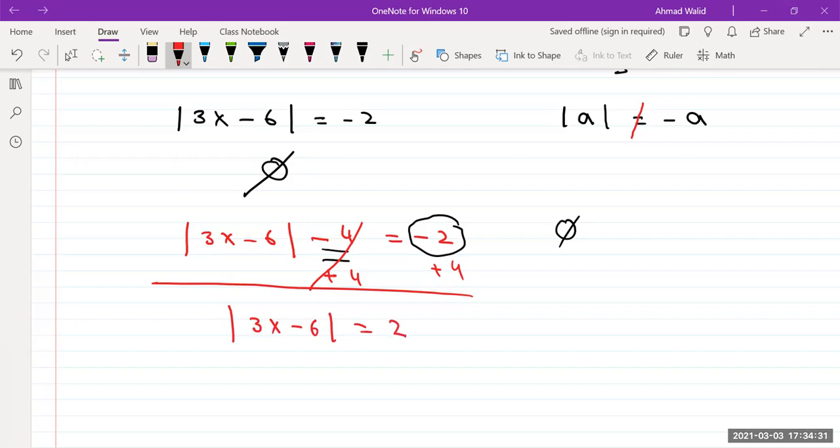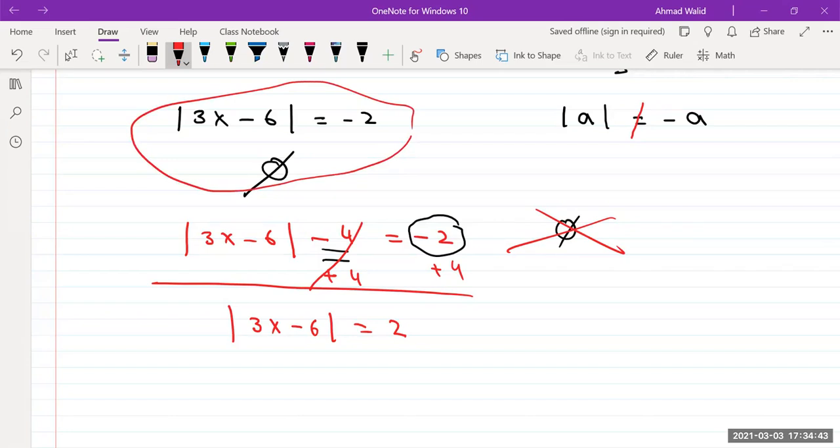Oh, then I cannot say no solution. I have to solve this step by step to get my answer. Be careful, because I give you a very simple definition here. Don't make the mistake with these problems, correct? Be careful.